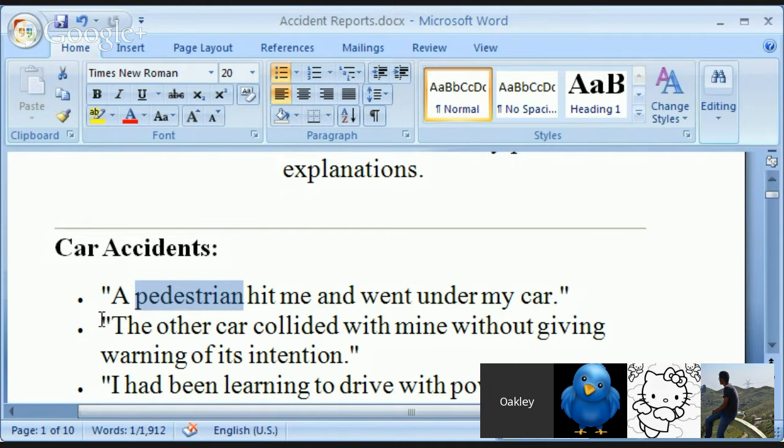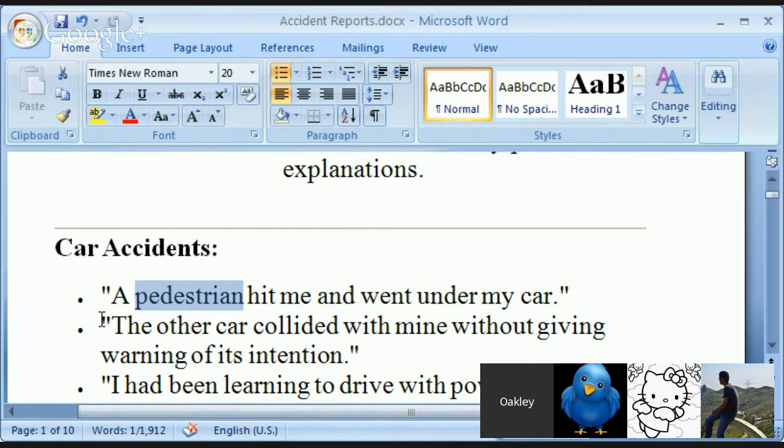Interesting. Hit and run functions as a noun or as a verb, but Nader, you struggled trying to make it a past tense verb. He hit and run my car. How are you going to say that? Yesterday I hit the ball. So it's still the same.